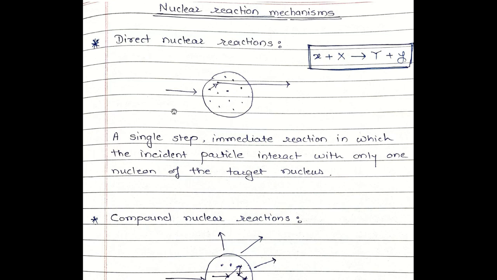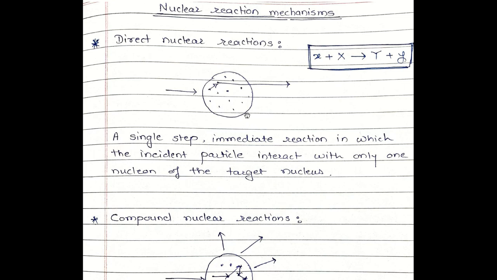The time duration of this direct nuclear reaction is equal to the time taken by the incoming particle X to cross this nucleus and come out on the other side. It is of the order of 10 to the power minus 22 second, right?